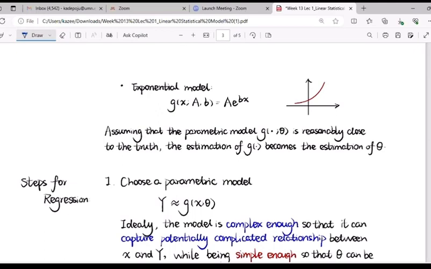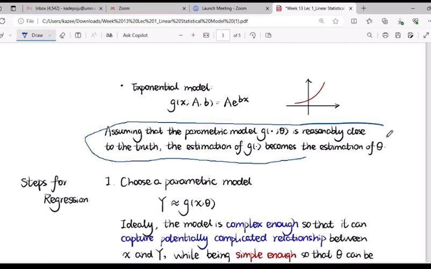Now, I'm making a remark, assuming that the parametric model, you know what we call a parametric model, a model that consists of parameters, is reasonably close to the truth. Look at that. Your parametric model is reasonably close to the truth. Your parametric model can never be the exact truth. We acknowledge that in statistics. There's always going to be a gap between reality and whatever model we use.